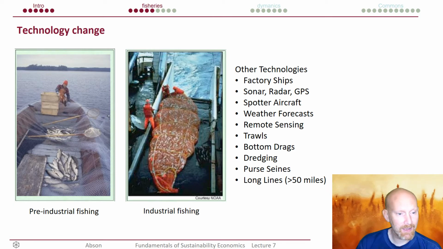When you're reliant on relatively simple technology, if your fish stocks decline, you tend to notice quite quickly and you can respond to that. But with modern technology, where you have sonars and GPS and spotter planes and remote sensing, if you can't catch fish where you used to because you've diminished those fish stocks, you can simply go deeper into the ocean or catch different sorts of fish or go further out to sea.